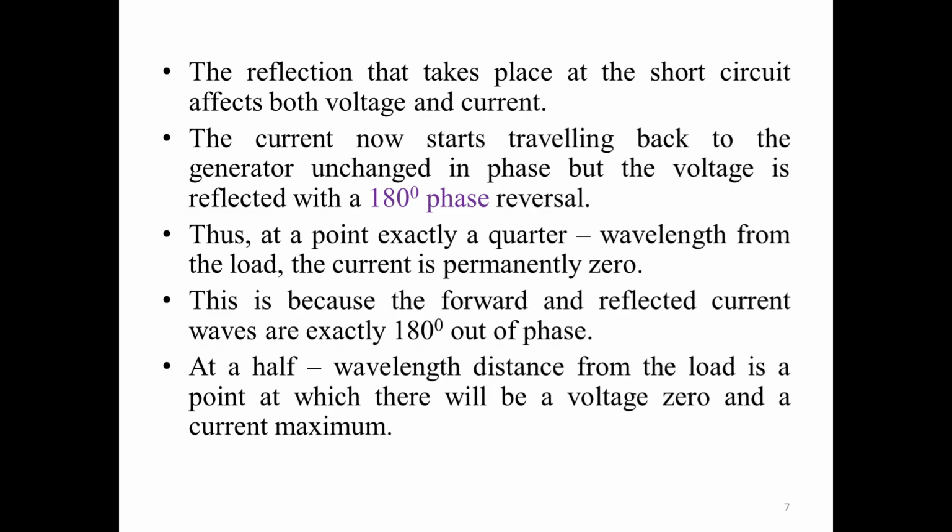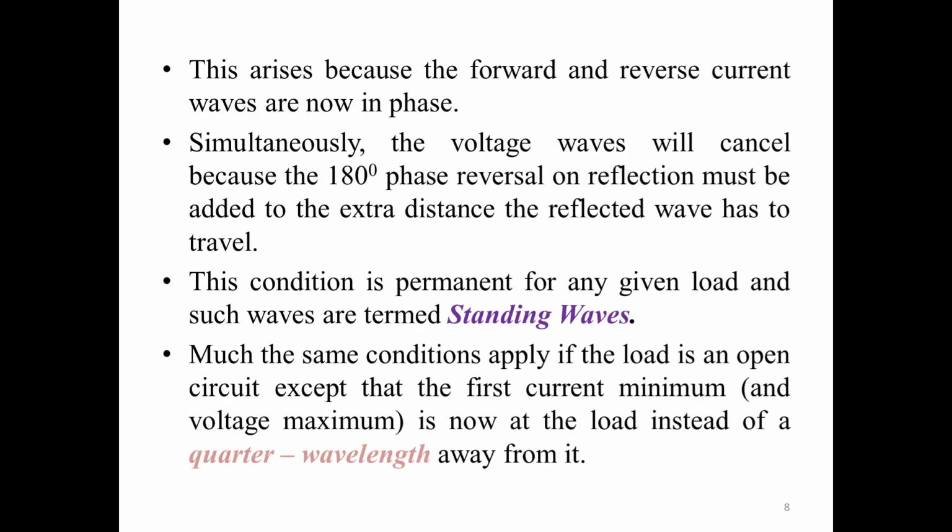This is because the forward and reflected current waves are exactly 180 degrees out of phase. At a half wavelength distance from the load is a point at which there will be a voltage zero and a current maximum. This arises because the forward and reverse current waves are now in phase.